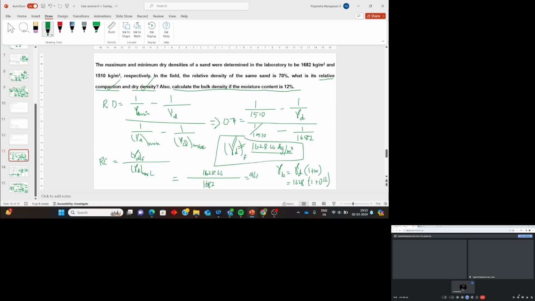Sir, 1824.09 kg per meter cube. So this is how it is done, right?